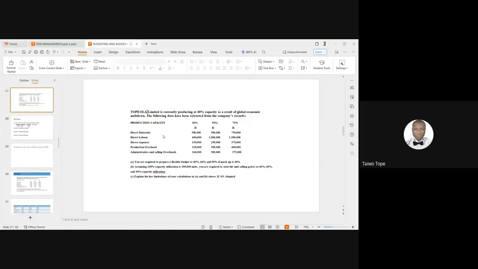But because these are the given data, we need to work back to get the values at what? At 100%. To be able to what? To plug in the values of 40, 60, and 90 from the 100% values given or derived. I don't know if that is fine. All right, thank you, sir.